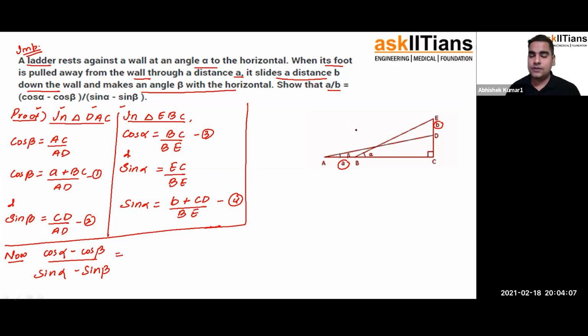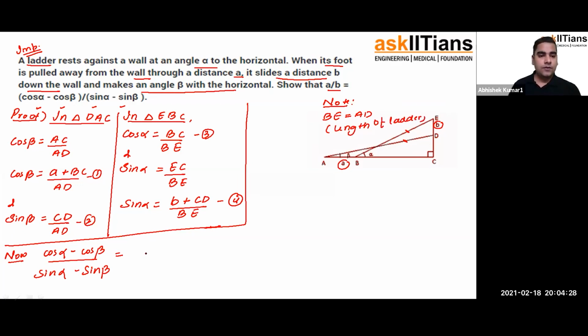Here you need to keep one thing in mind: the length BE and AD are both equal, because both of them represent the length of the ladder, which is not going to change and will remain the same.